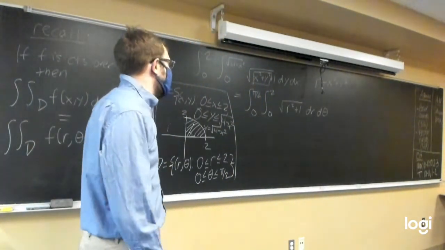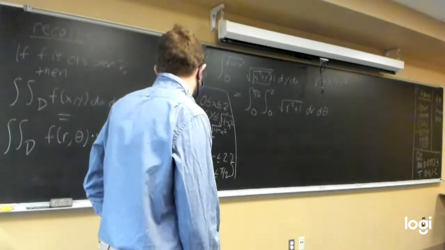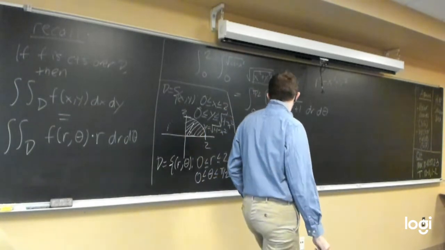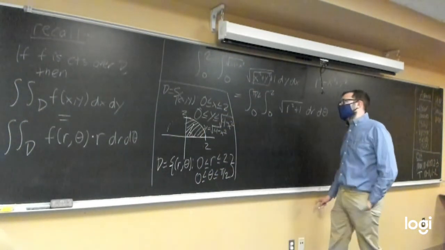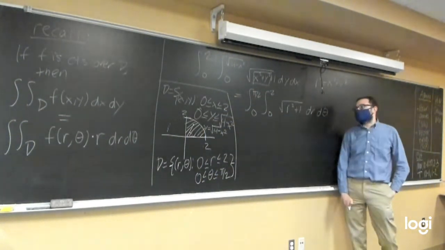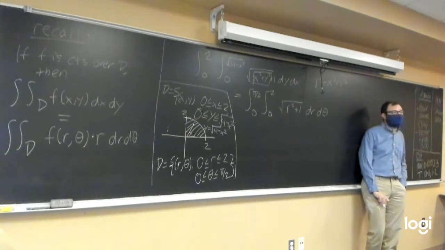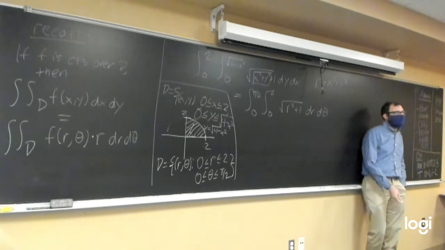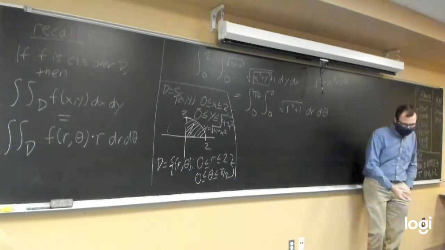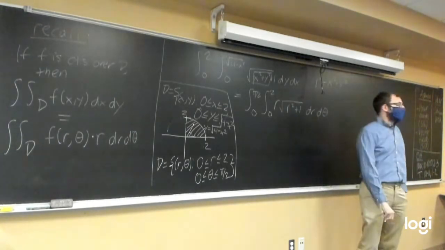So that when we do all of our substitutions, we're going to get an integral as theta goes from 0 to pi over 2, of the integral as r goes from 0 to 2, of the square root of r squared plus 1. Shouldn't it also have an r for multiplying by the Jacobian? Indeed.